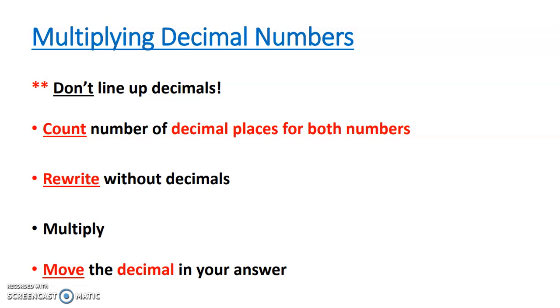I rewrite the numbers without decimals so that I can multiply them with ease. I multiply them, get an answer, and then I take the number of decimal places I determined earlier and move the decimal in my final answer. So we're going to practice this strategy now.